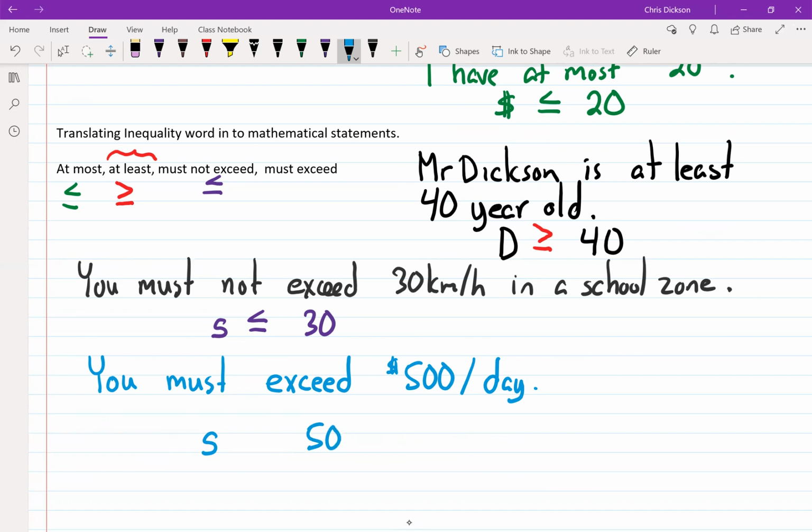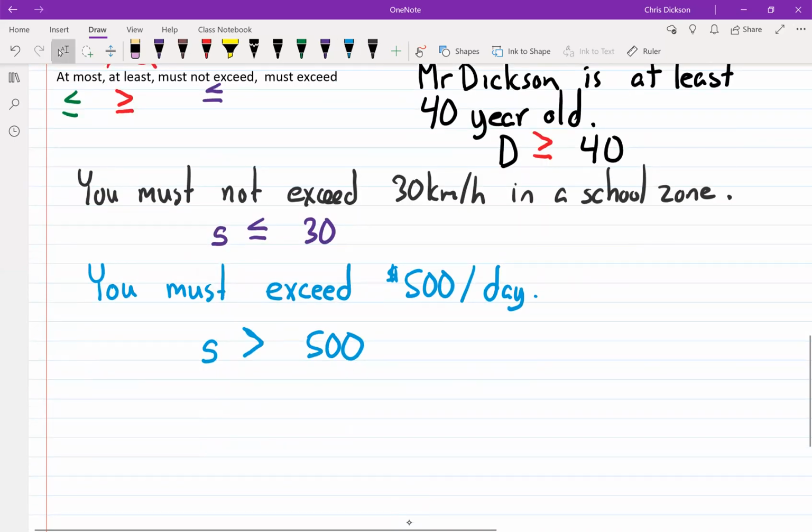If you must exceed that amount, do you think that means you have to be more than that amount or less than that amount? Well, in the above question, we said not exceed was less than or equal to. So if you must exceed that, you must do better than that, which means you must do more. So that would be not equal to, you must exceed it. You must be more than that number. So those are a few examples of how to interpret language in the question.